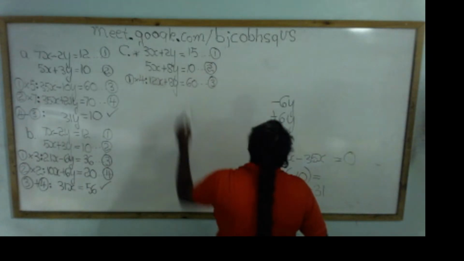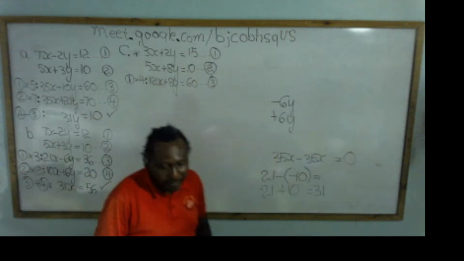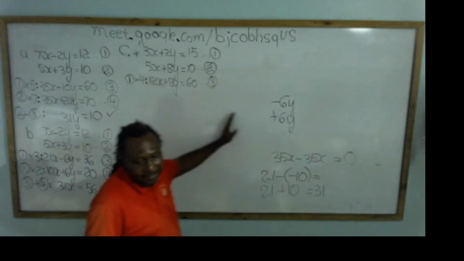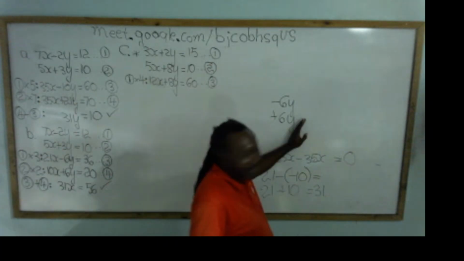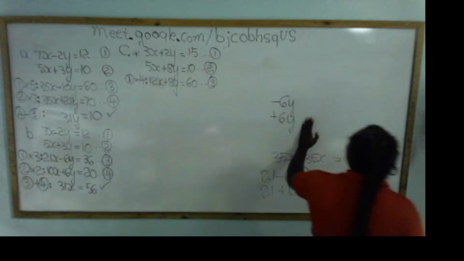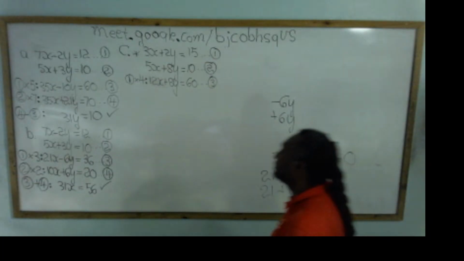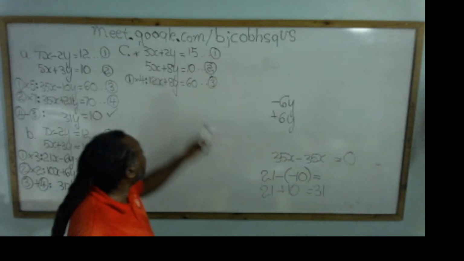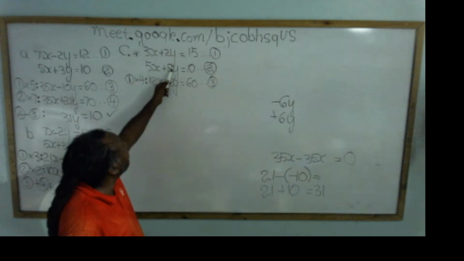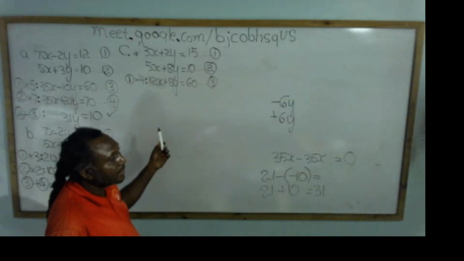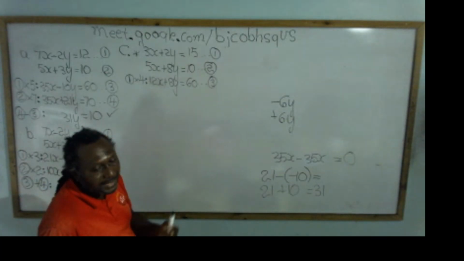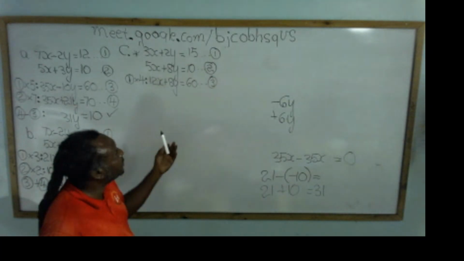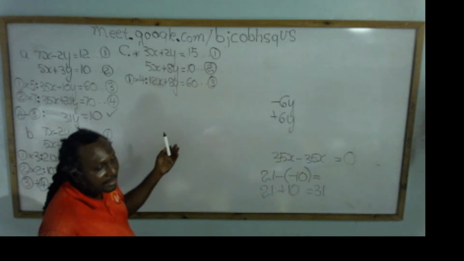Is that okay? What do you say about that? Notice that these two coefficients of y are the same. So students, you can use your common sense. You can be as observant as you require.